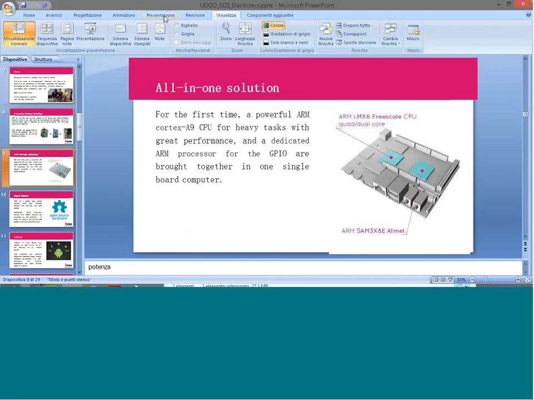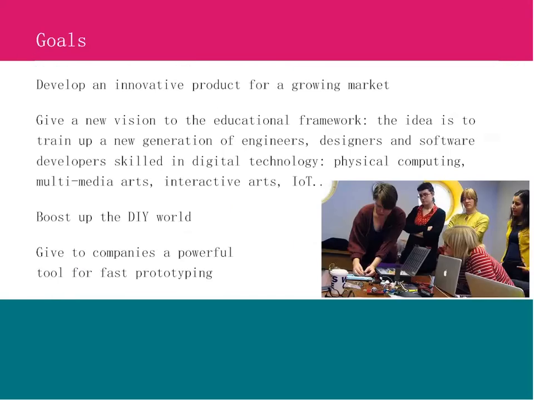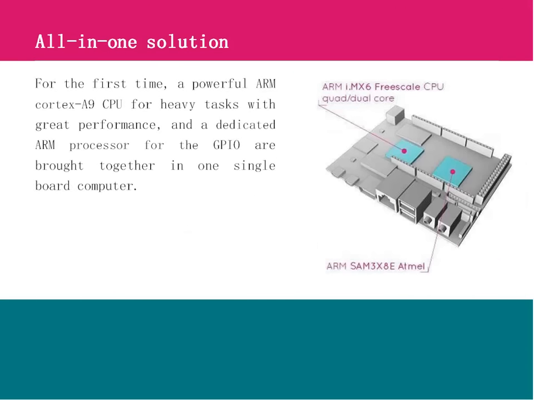So we can go on. As I told you, we have this all-in-one solution. Getting a bit more technical, this means that, as I told you before, we have two processors. One is a powerful quad-core, in its most powerful version, ARM CPU, which does what a normal computer does.